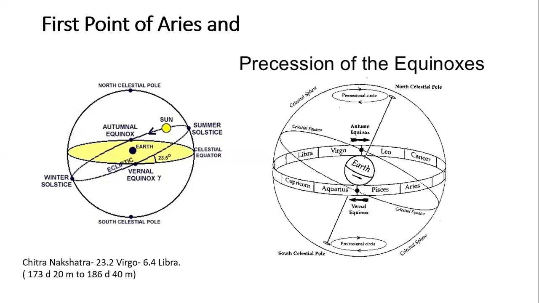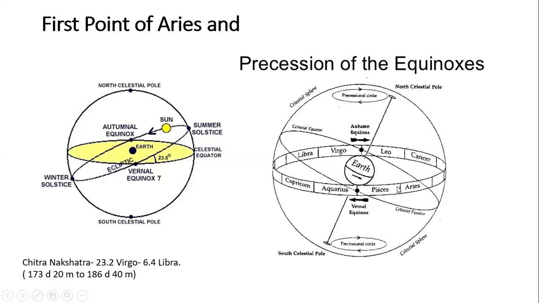By maintaining the Nirayana system, we are maintaining what is mentioned in the book. We are doing the practical application based on the textual theories. But in the Western system, it is getting shifted. Why? Because the Sun is coming back to its own position and the Earth is also coming back to its own position, so the equator and the ecliptic will cut in a different way.